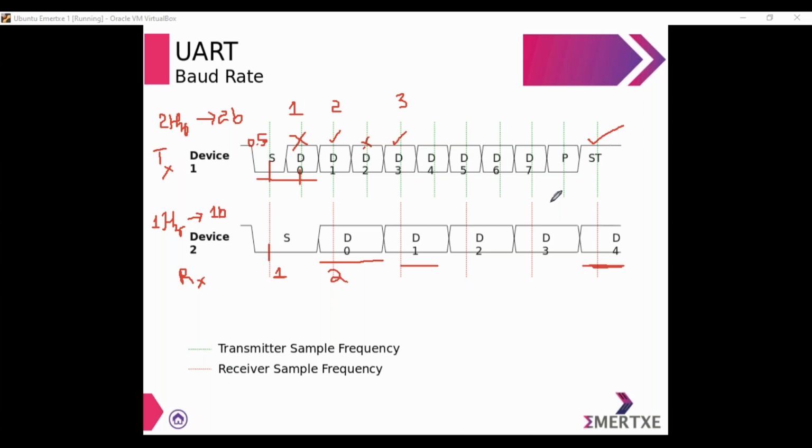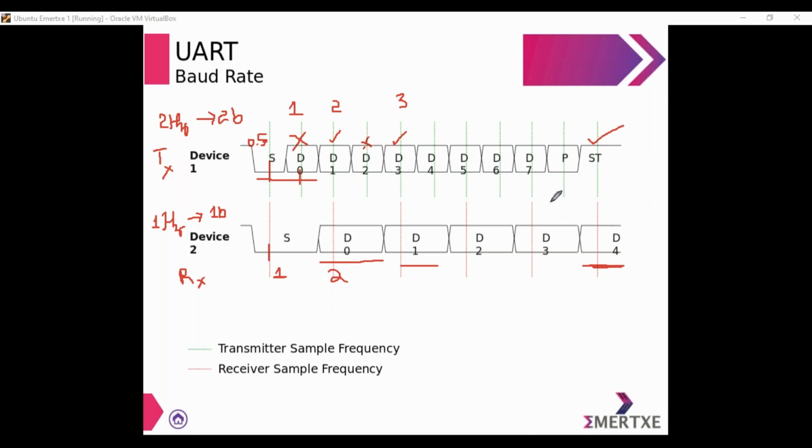So device 2 received only every alternate bit, and it lost one more bit of what device 1 transmitted. So it was always a problem, in fact, if the two devices are not agreeing to work with the same frequency.